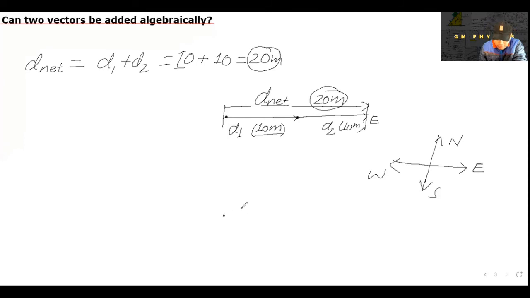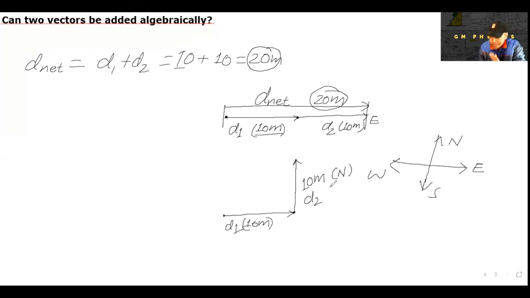Suppose again the same person moves along east direction by 10 meters, right? And he stops here. So this is his first displacement. Let's call it D1 vector, right? After some time, now he moves along north direction by the same length, that is 10 meters. This is my second displacement, D2 vector.